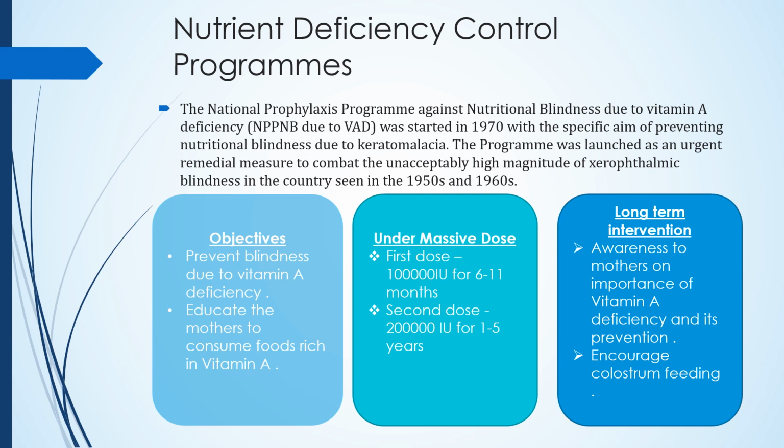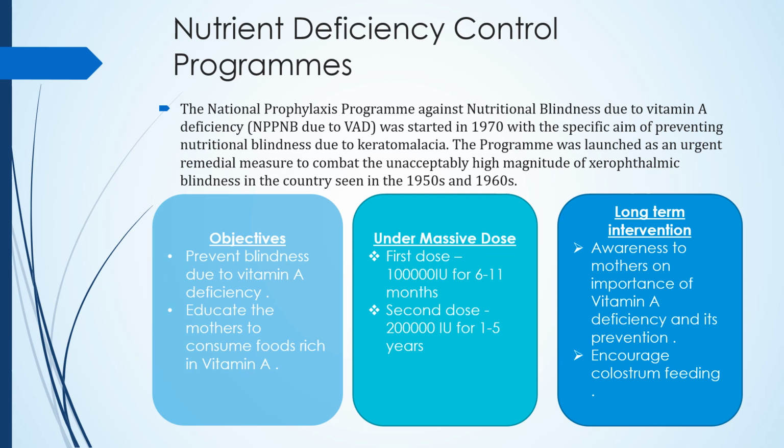The National Prophylaxis Program against Nutritional Blindness due to Vitamin A Deficiency, which is NPPNB, due to VAD, vitamin A deficiency, was started in the year 1990 with the specific aim of preventing nutritional blindness due to keratomalacia. The program was launched as a remedial measure to combat the unacceptably high magnitude of xerophthalmic blindness in the country seen in the years 1952 to 1960.